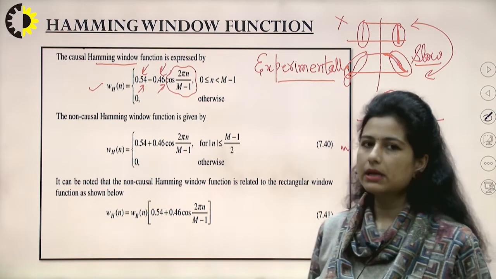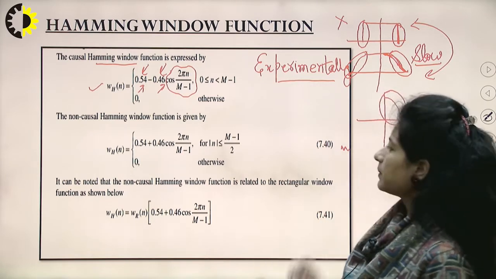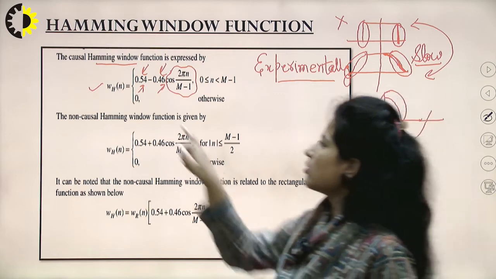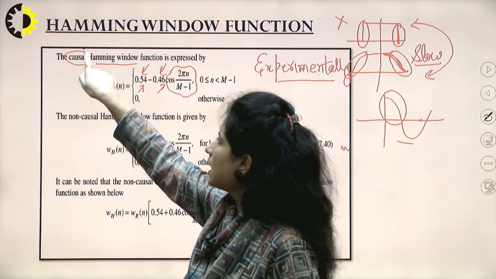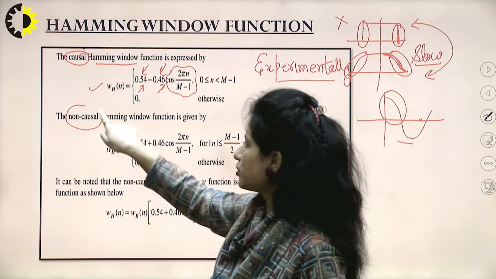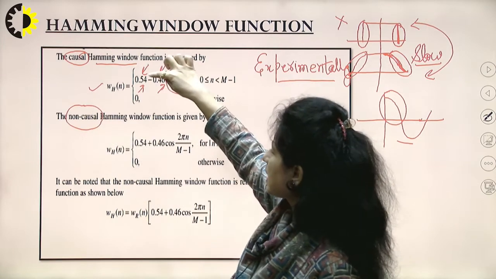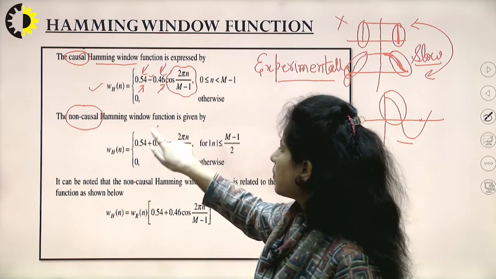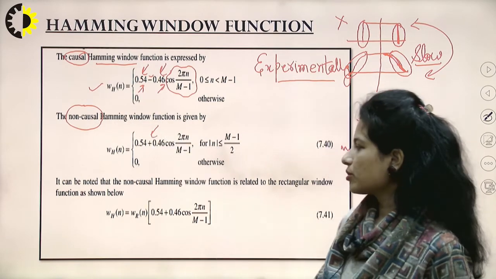These values may be changed to get different tapering characteristics. These windows are defined in two domains, one for the causal system and another for the non-causal system. The difference is only in the sign: a negative sign for a causal window and a positive sign for a non-causal window.